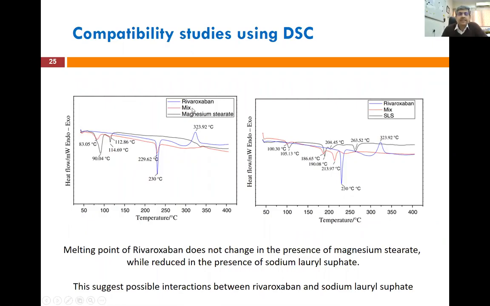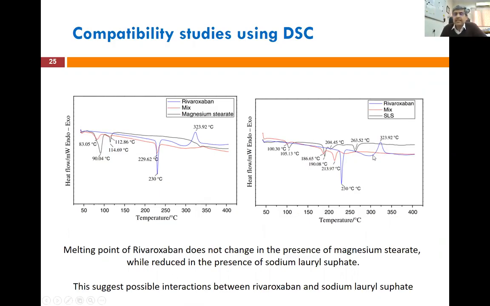Red is for the mixture of rivaroxaban and magnesium stearate, while the black heating curve is for magnesium stearate alone. For rivaroxaban, we observed a melting point of 230 degrees Celsius, while in the mixture, the melting point was very close to 230, that is 229.62. This helps us conclude that there is no major incompatibility between rivaroxaban and magnesium stearate.